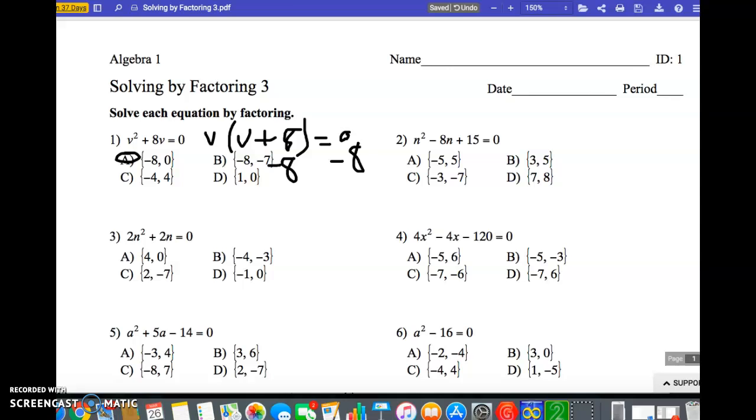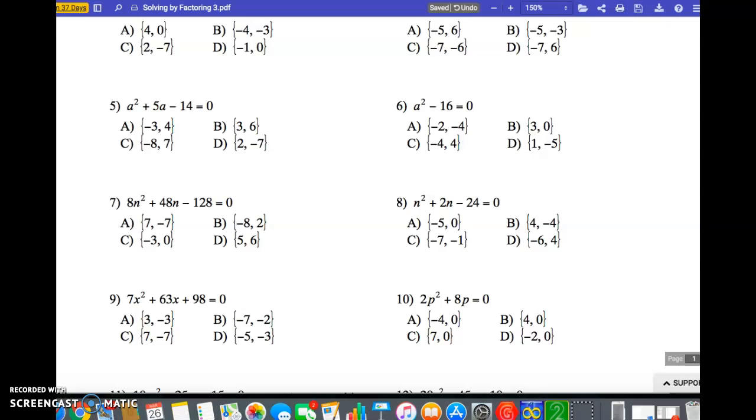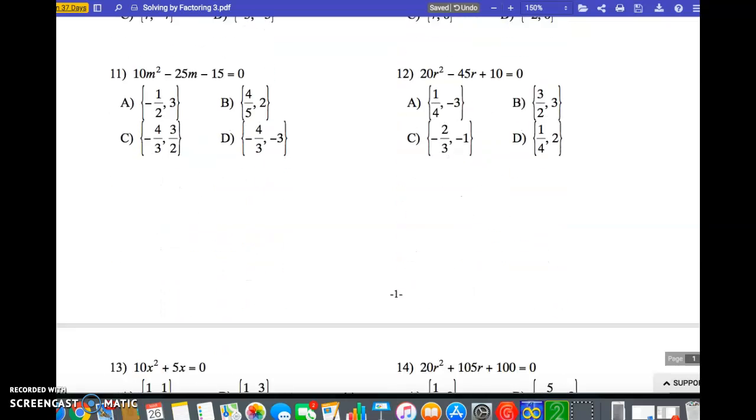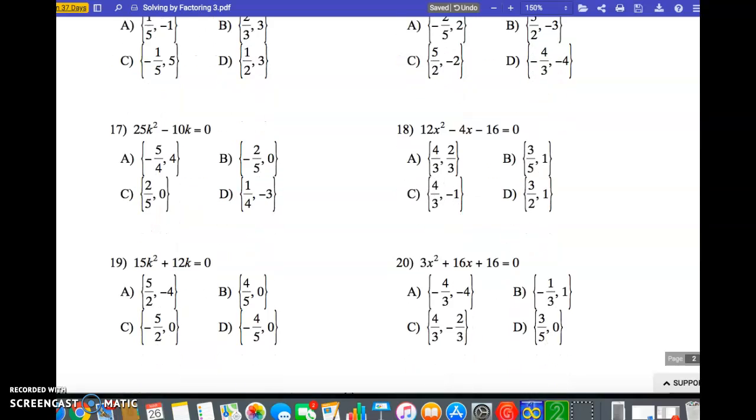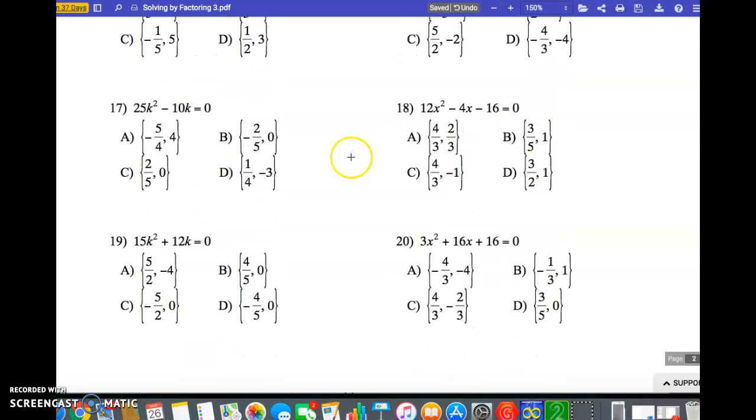But if I pick another one, how about one on the back here? Something like number 19. All right, so in here, again, you're looking for a GCF. They both have a K in common, which I noticed first, but they also have a 3 in common.